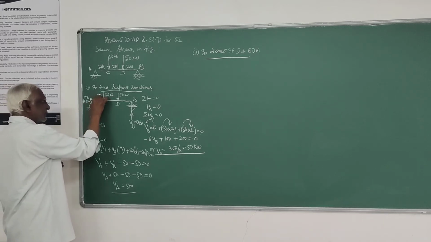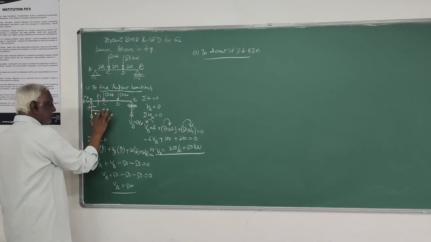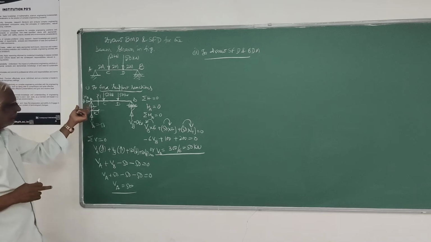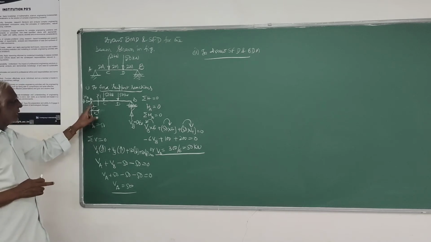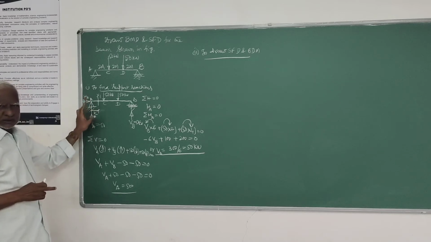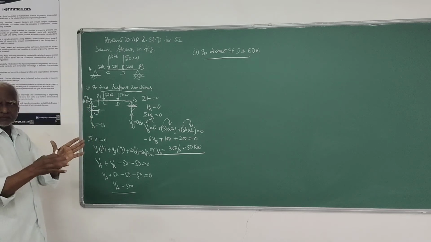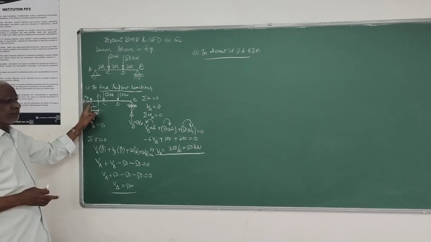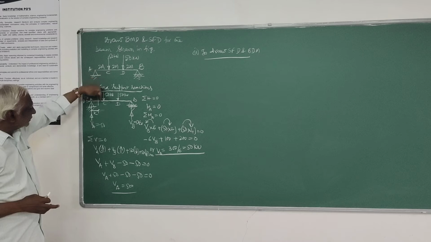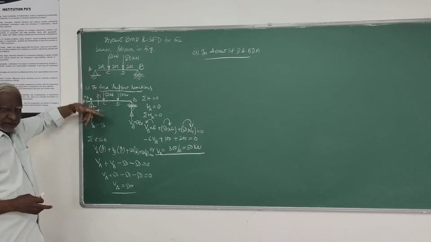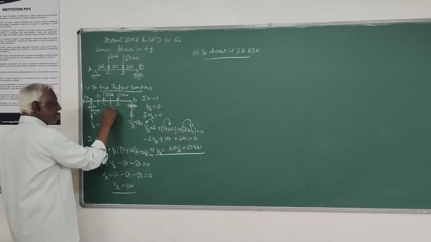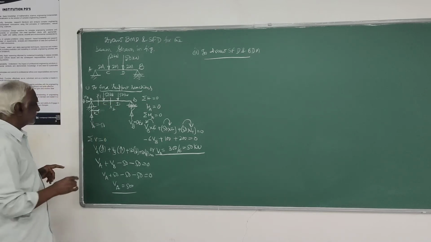So one section is enough, with distance x measured from the left-hand end. The moment expression will be constant from A to C. The moment it crosses C, this 50 kilonewton load comes into the picture, and therefore the moment expression will change. So I need another section.